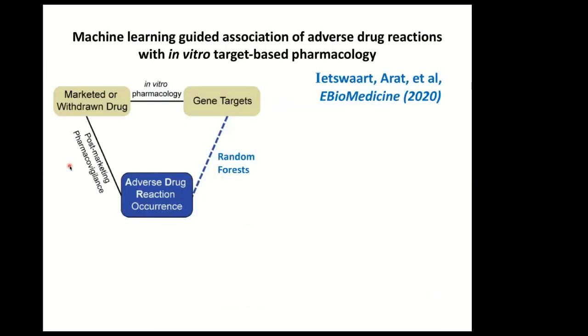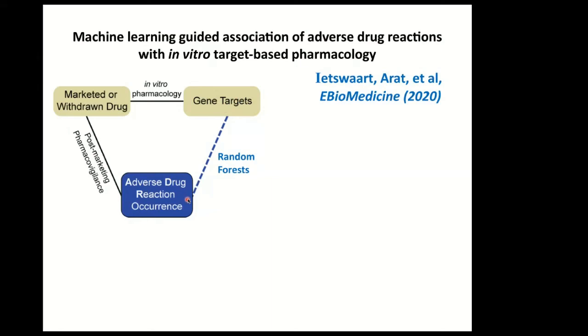Before I go to the acknowledgement slide, I just want to spend one slide on a shout out to one other previous paper that I published last year, which is Machine Learning Guided Association of Adverse Drug Reactions with in vitro target-based pharmacology. Here we used in vitro pharmacology on over 2,000 drugs to see what protein targets these drugs bind to.